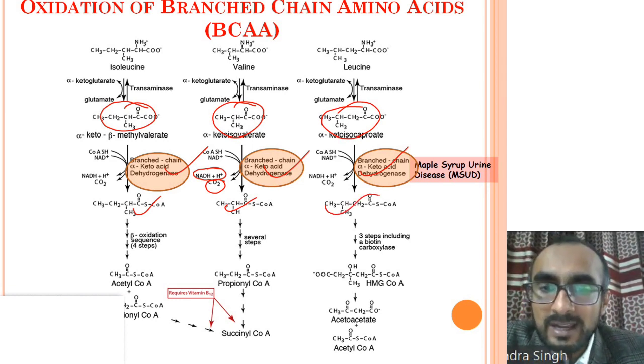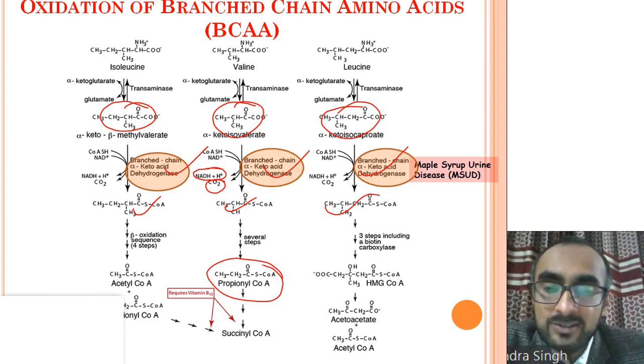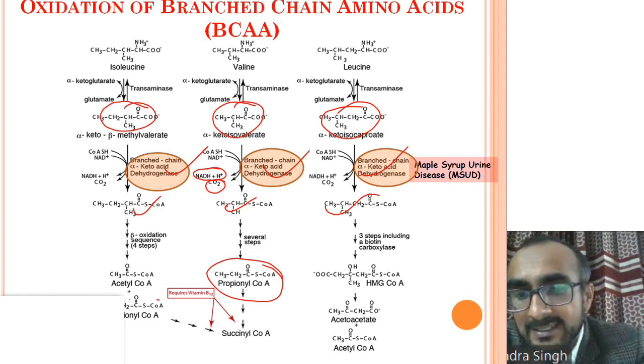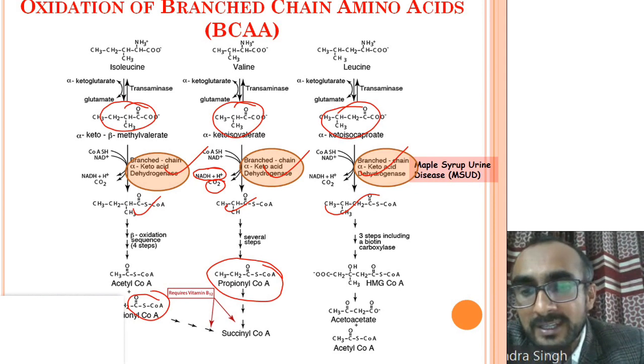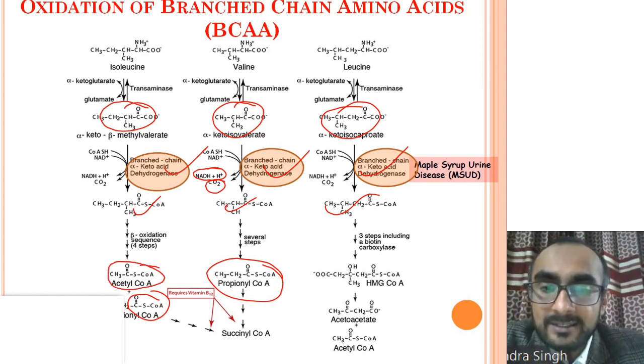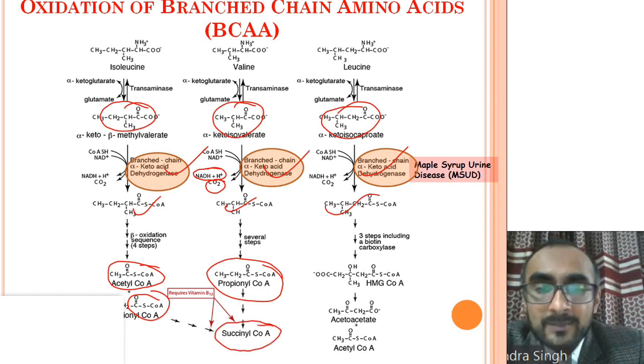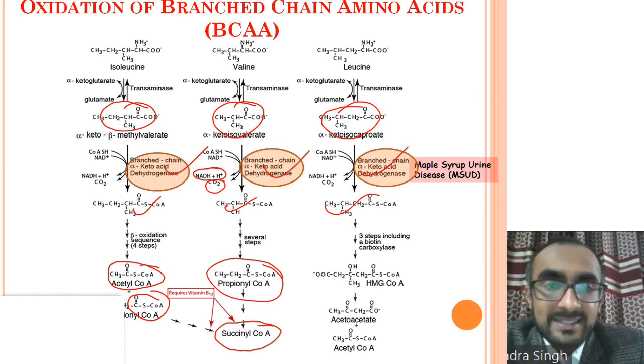So in the case of isoleucine and valine, propionyl coenzyme A is the final product of oxidation reactions in both cases. In fact, in the case of isoleucine, acetyl coenzyme A is also formed, and this propionyl coenzyme A is converted into succinyl coenzyme A, which enters the TCA cycle.